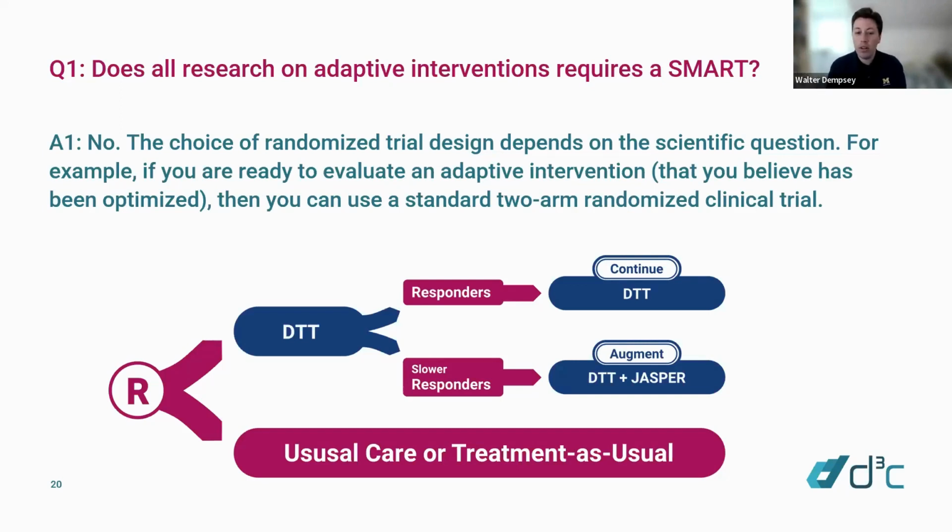If you already know what the AI will look like, you already know what your adaptive intervention might look like, it's actually much better to just run a standard 2-arm trial where one arm is usual care or treatment as usual, and the other arm is the AI that you're going to implement. So often what people will do is they'll run a SMART to build their optimized AI, the AI they think should work in practice, and then they'll run a secondary trial, which will be an RCT comparing their AI to the usual care. Okay.